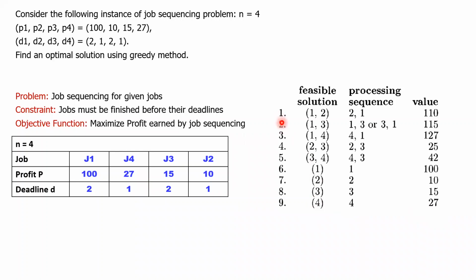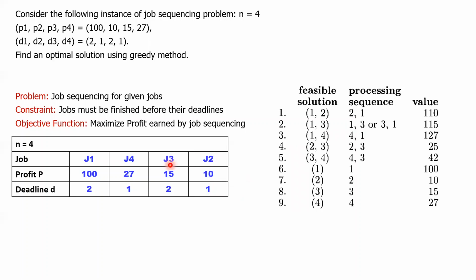Take the first solution, where I'm going to execute 2 jobs: job 1 and job 2, both of them. But in this particular order, I'm going to execute J2 first, then J1.